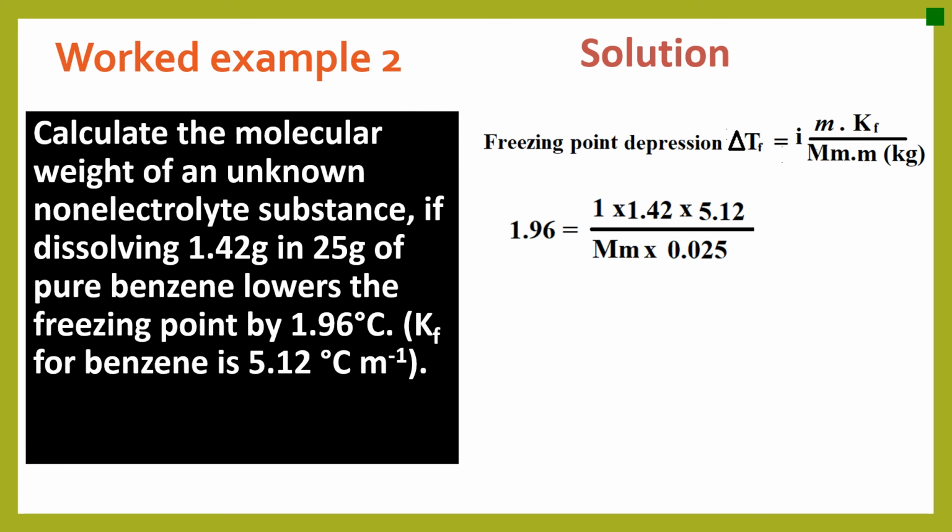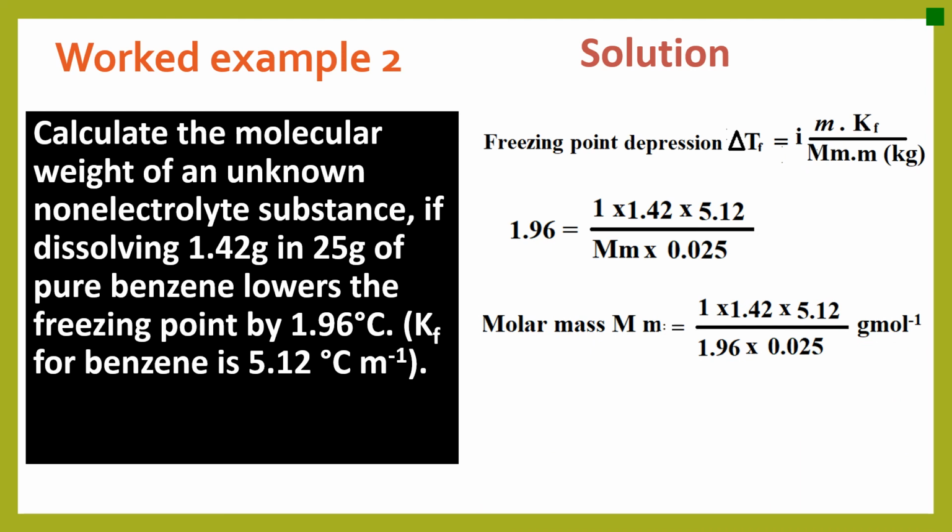We substitute all these values because they are there, and we find the molar mass, which is not known. And then when we substitute the values, we find that the molar mass equals 1, that's the Van 't Hoff's factor, because we are told that it's a non-electrolyte. Its Van 't Hoff's factor is equal to 1, because it does not dissociate into ions in the solvent that's given here, which is benzene.